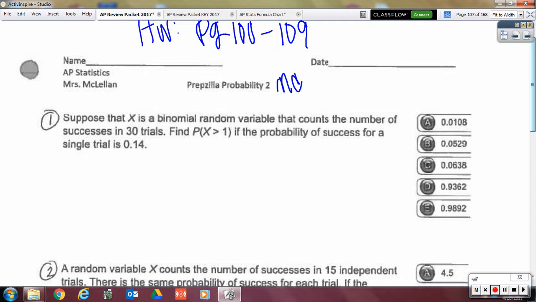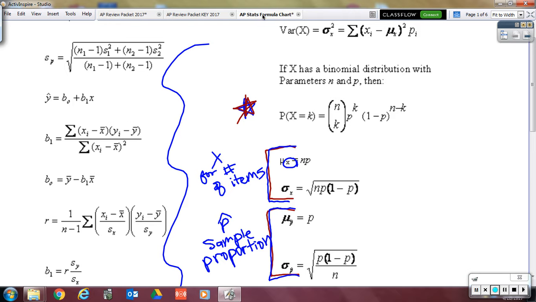All right, I want to first put up here what AP testers need to show for their work on a free response question. So if you are an AP tester, this is the work you would have to show. The probability that x is greater than 1 equals. I'm going to fill in this formula in the sequence from the lowest part of the sequence to the upper part, the lower bound to the upper bound.